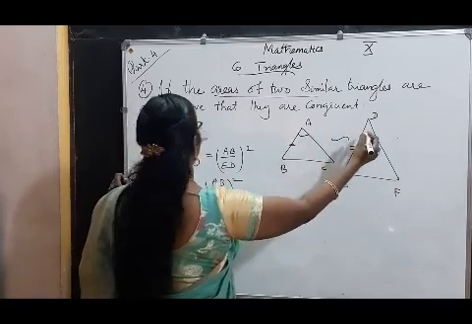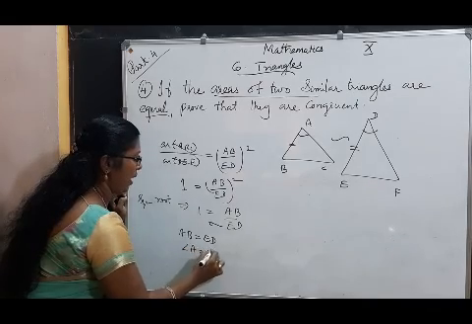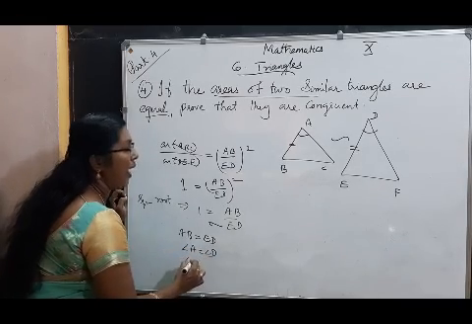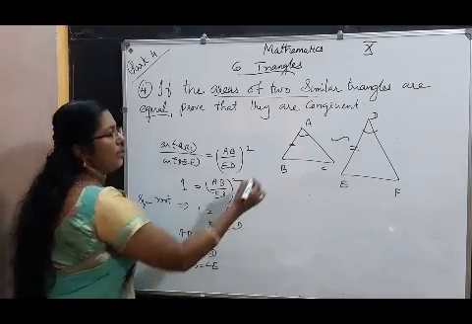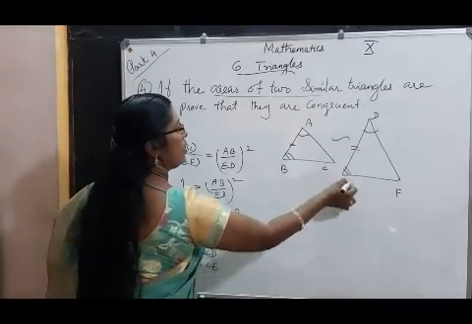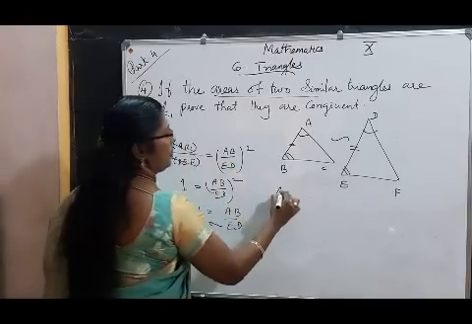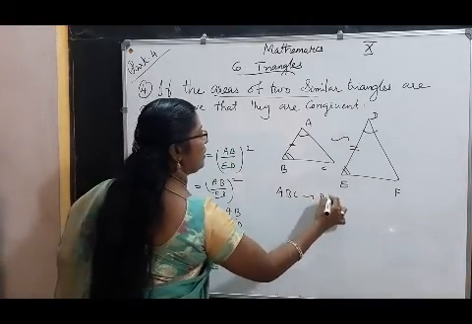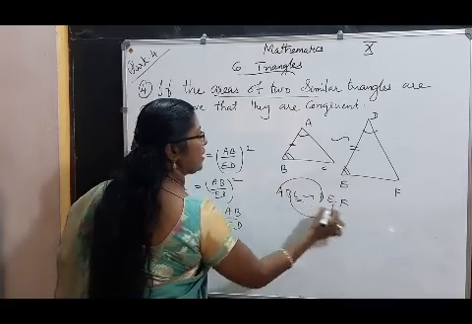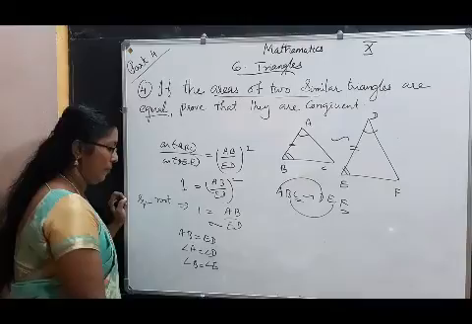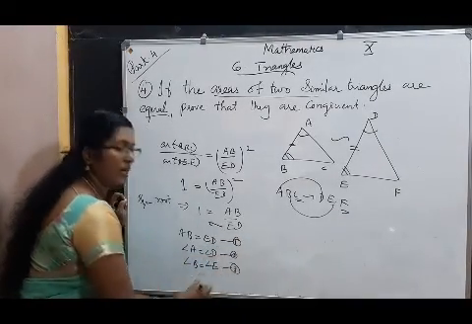So angle A equal angle D, angle B equal angle E. ABC similar DEF, A equal D, B equal E and C equal angle F. Okay, this is 1, 2, 3.